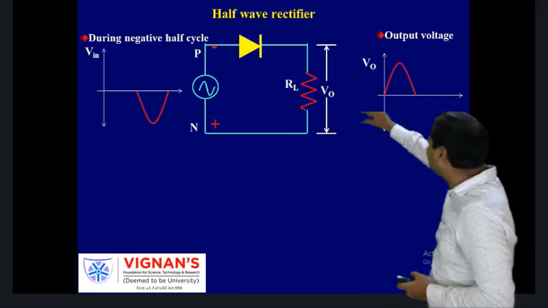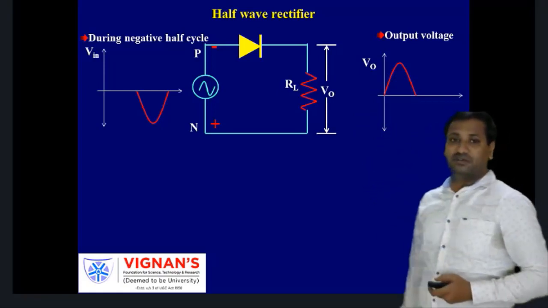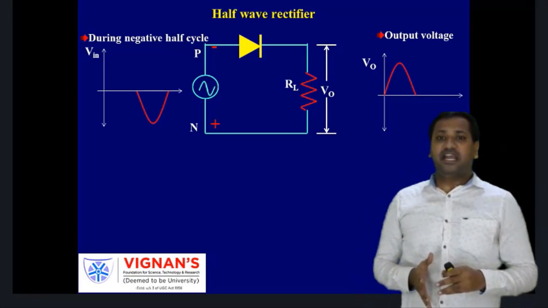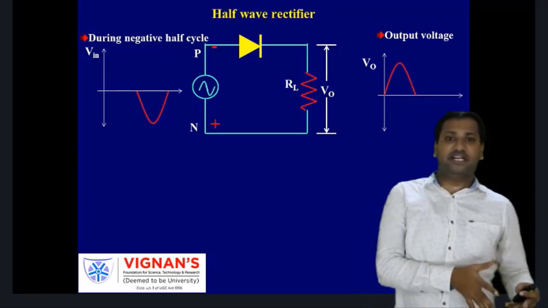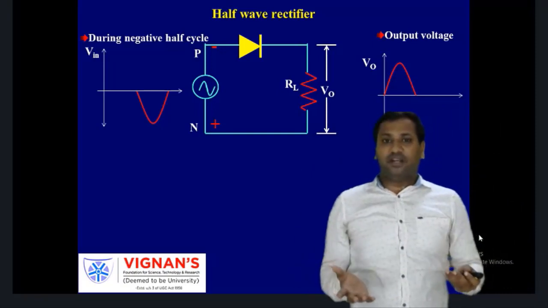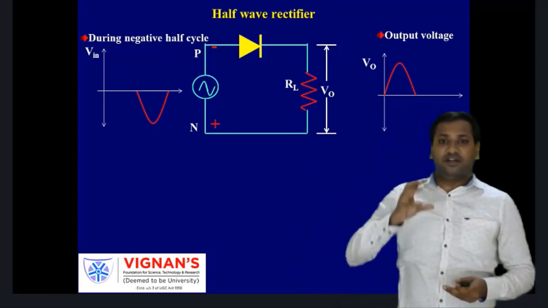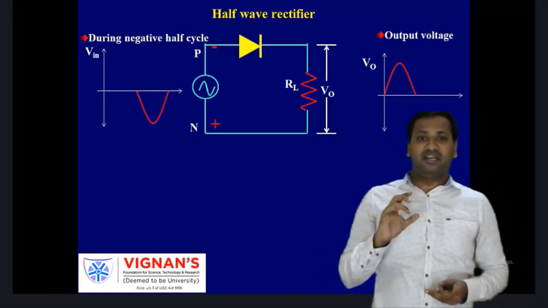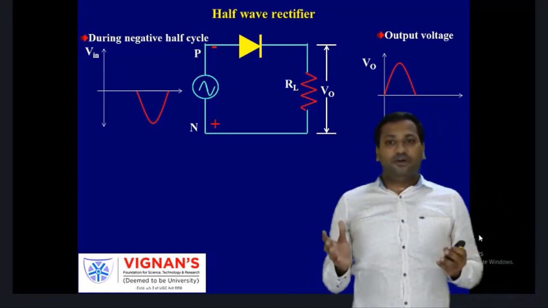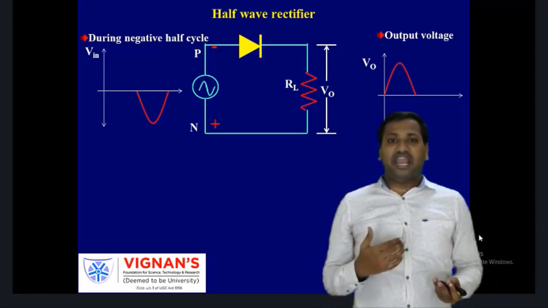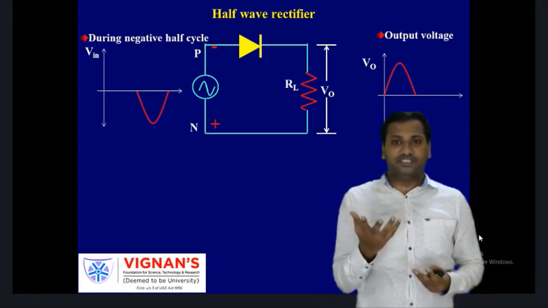The diode anode is now connected to negative and the cathode is connected to positive, so the diode has lesser potential on the anode side and more potential on the cathode side. Similar to the diode characteristics, whenever the anode potential is at a lesser value, the diode will be in reverse bias. In reverse bias, the diode acts as an off switch, or open switch.